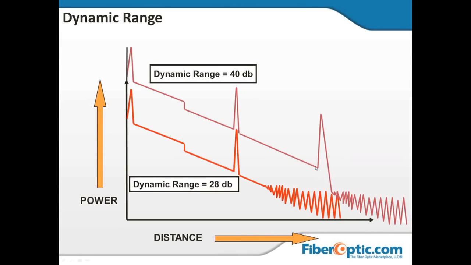We need to make sure that this end of line stays above the noise floor. And we do that by turning up our pulse width. So that's where dynamic range comes into it, is in setting up the proper pulse width.